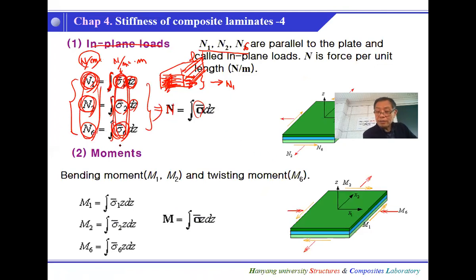Now, moment. How about the moment? Well, again, we start from the stress distributions. And to define the moment, what do we need to do? We multiply by Z, right? Thickness Z, and then integrate, which will give us moment 1 and sigma 1, moment 2 and sigma 2, Z and moment 6.